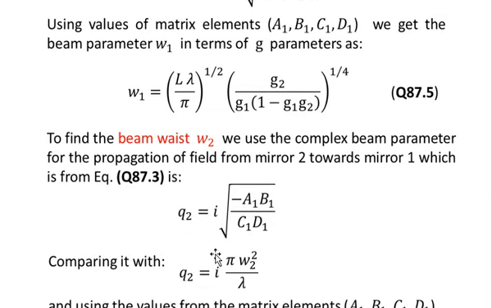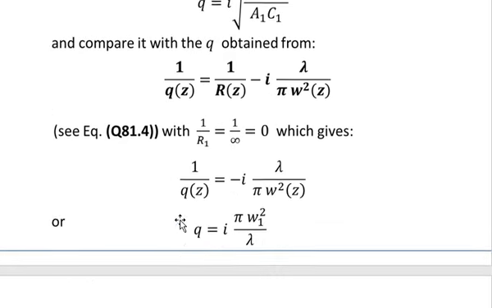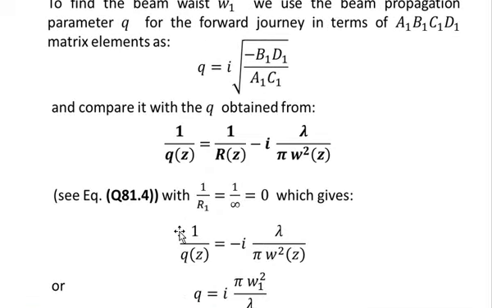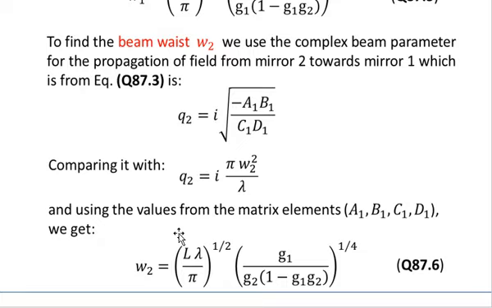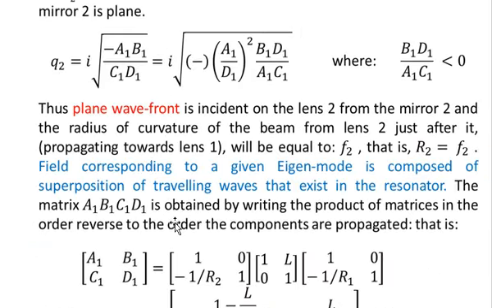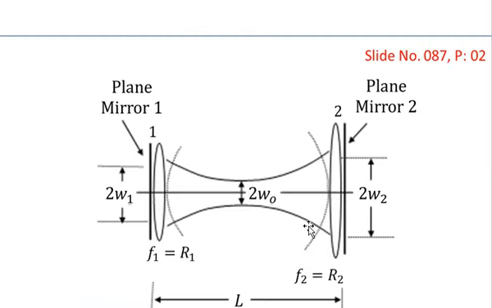So you see that we have found W1 and we have found W2, that is the beam waist at the location of mirror 1 and at the location of mirror 2. But now we have to find the value of W0, that is the beam waist within the resonator. But you know that its location is not known. If the two mirrors are identical, then it will be located in the center of the cavity.